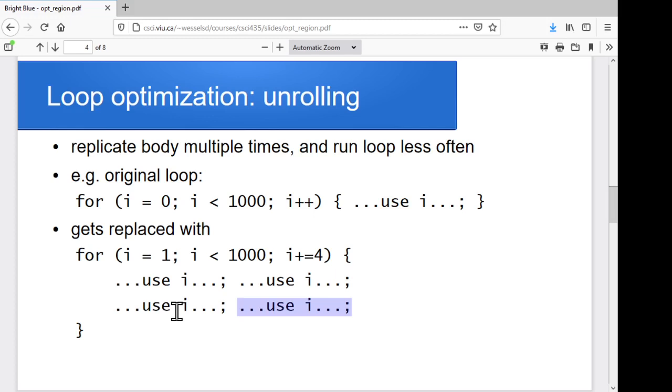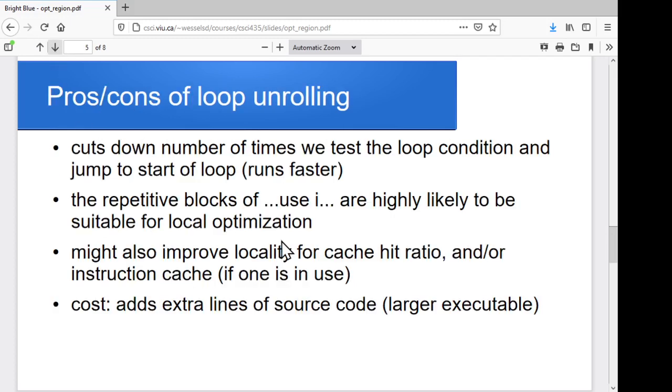So it might be the case that the execution time and other resource costs for those 4 blocks is actually less than doing the 1 block 4 times, because we've got optimizations across the sequences of blocks. So, possible good targets for local optimization.